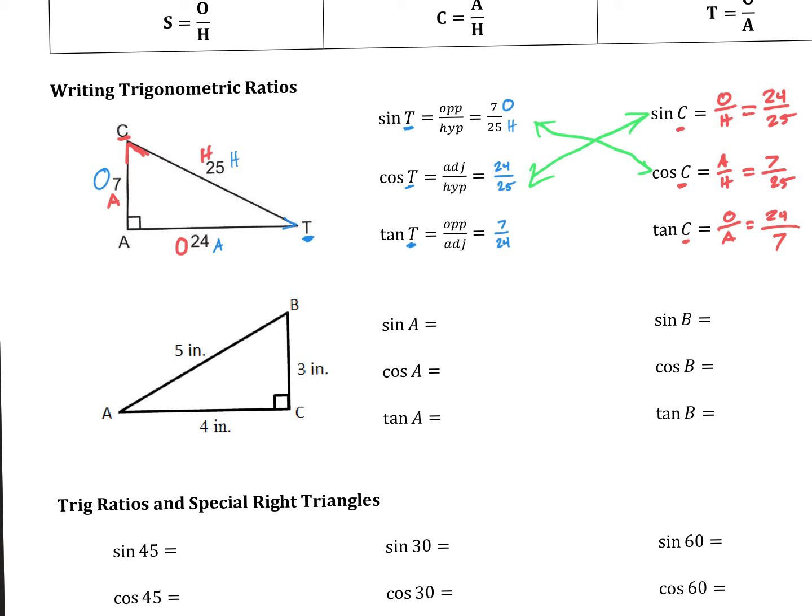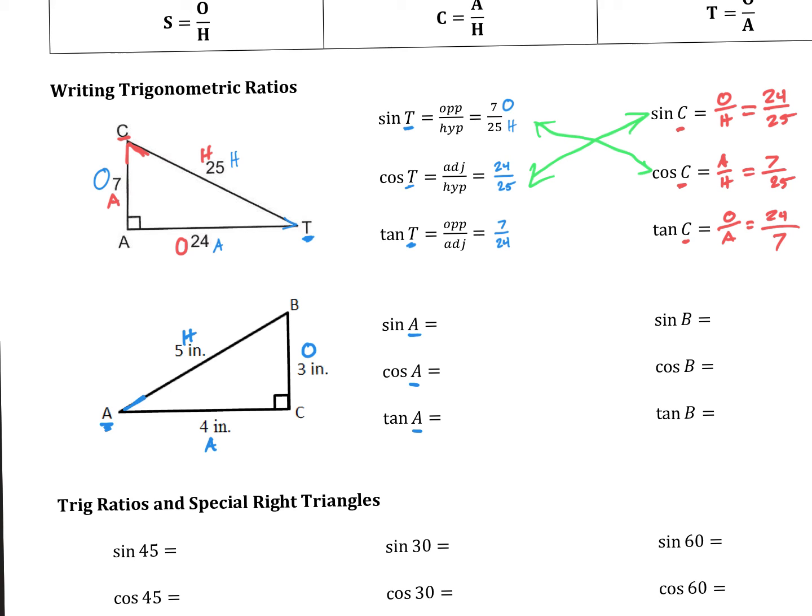We have sine of A, cosine of A, and tan of B. We'll start out with that. Again, I'm going to mark the A angle with blue. Okay, the hypotenuse is always on the other side from the 90-degree angle. Then my opposite is here, the 3, and my adjacent is the 4.